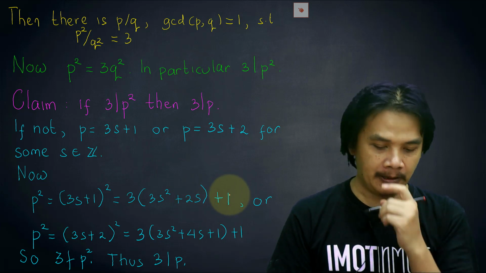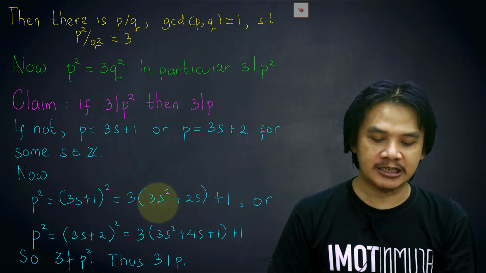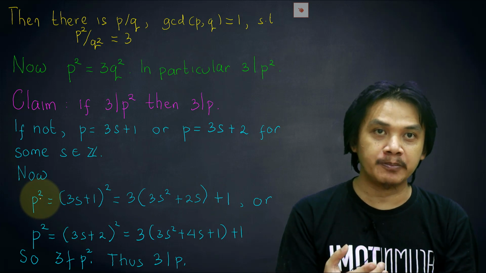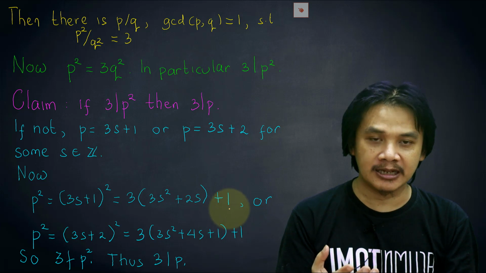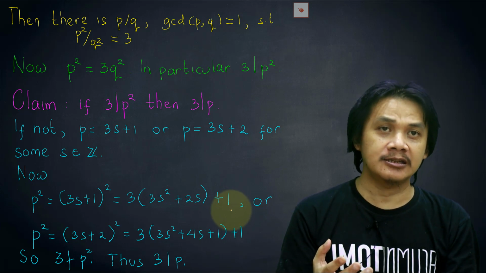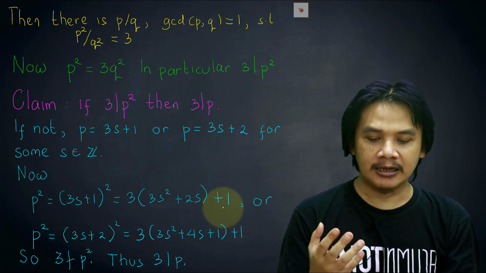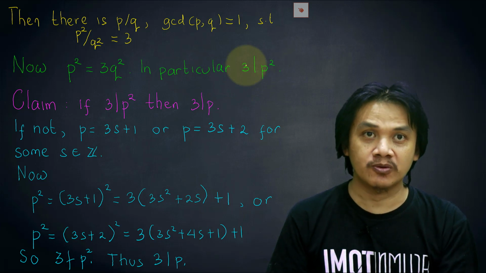What this expression tells us is that p squared is a multiple of 3 plus 1, which means that p squared is not a multiple of 3. And that contradicts the fact that 3 divides p squared.